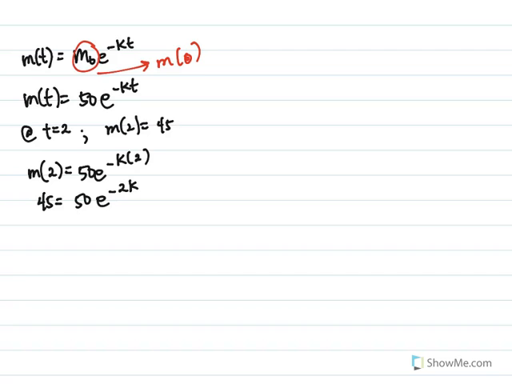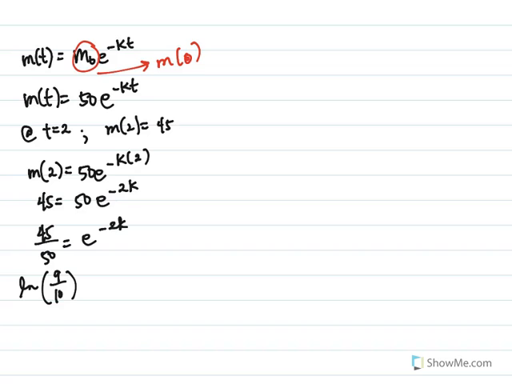Dividing both sides by 50, we get 45 over 50 equals e to the negative 2k. So 45 over 50 is simply 9 over 10. So we can take the ln of both sides.